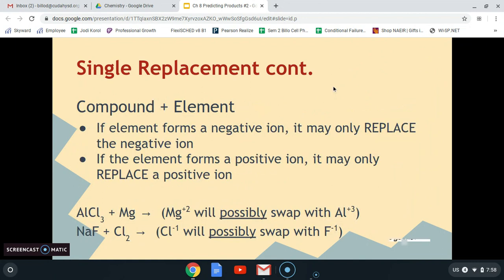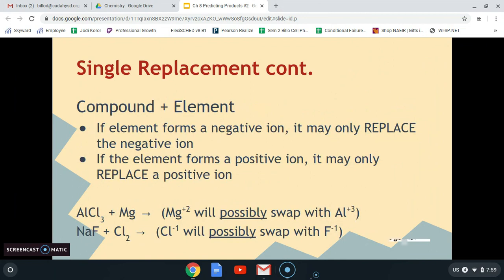Here are a couple examples of element and compound combinations. Now remember, if the element forms a negative ion, it can only replace a negative ion. And if an element forms a positive ion, it can only replace a positive ion. So in this first example, magnesium is the element.